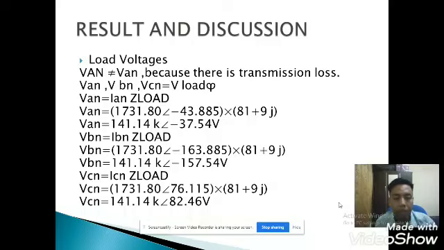For VCN is equal to ICN multiplied with Z load. VCN is equal to 1731.80 degree of 76.115 times with 81 plus 9J. So VCN is equal to 141.14 K degree of 0.46 volt.